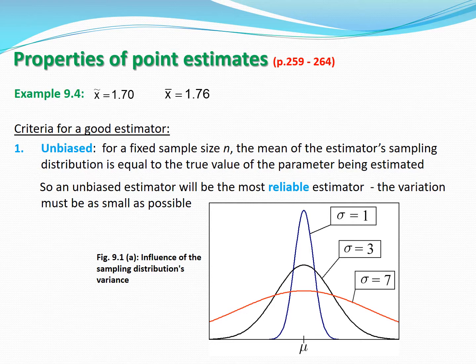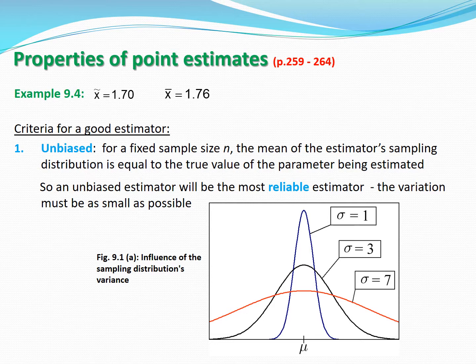For example, in figure 9.1a, they show you the sampling distributions for 3 different point estimators. They all have different spread or variation, but they are all concentrated around the population mean. So the point estimator with the least spread will be most reliable.